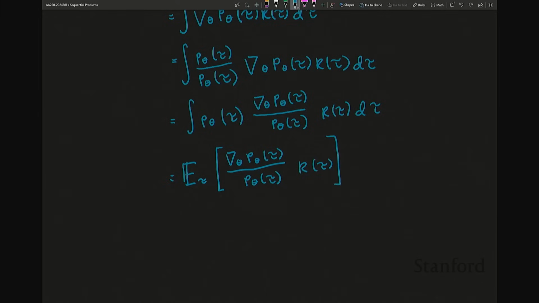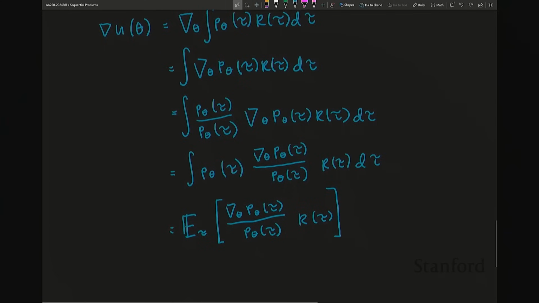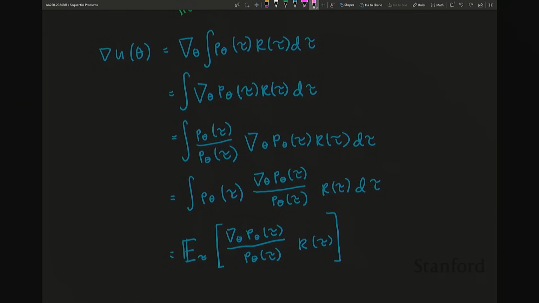I'm going to pause here for a second. Does everyone feel good on why we can convert that to an expectation? Yeah, definitely. So let's see, I'll give an example. Let's say that we have f of x, then the expectation of f of x is the integral over all possible x, p of x, f of x, dx.